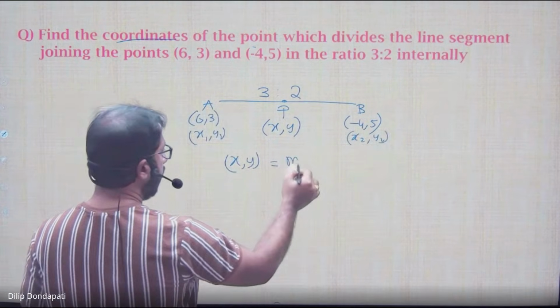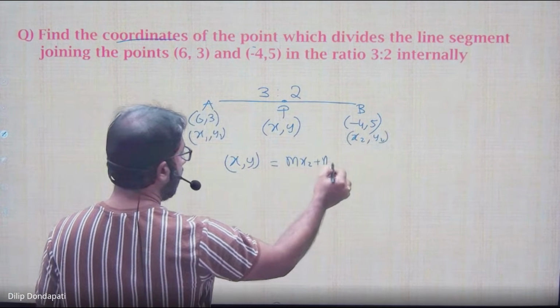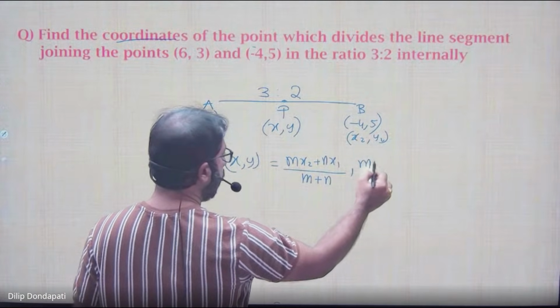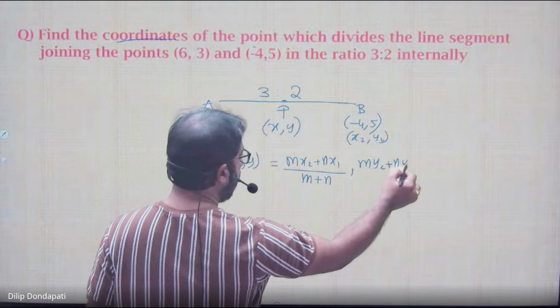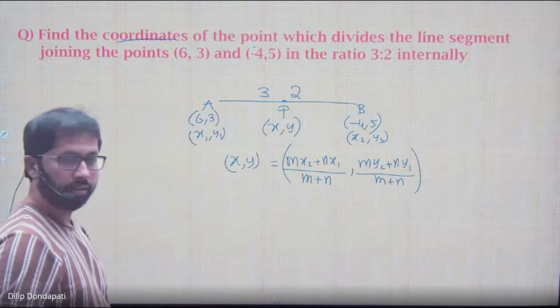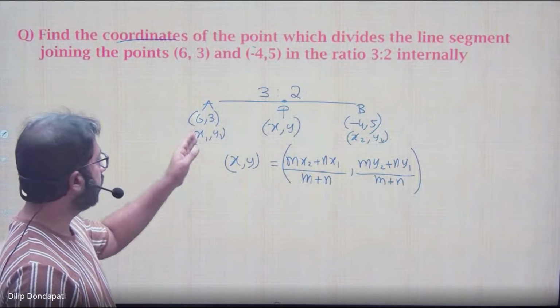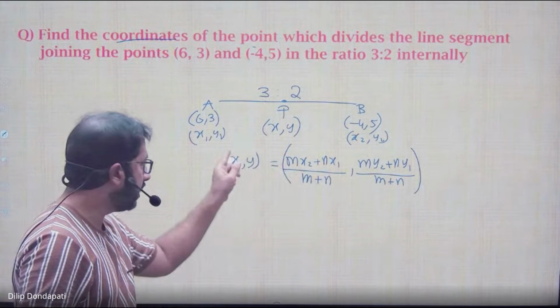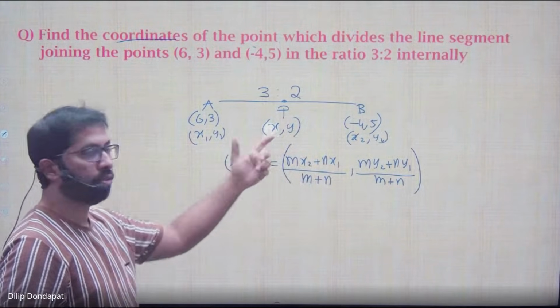So m x2 plus n x1 by m plus n, comma, m y2 plus n y1 by m plus n. So use the formula x1, y1, x2, y2, substitute in the formula. And final answer जो भी आया, that is x is that one, y is that one. That is the coordinates of point P.